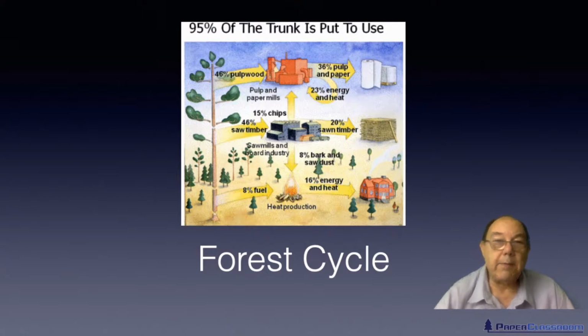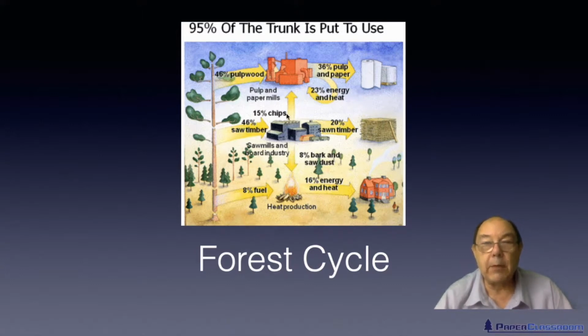And as you can see from here, the material that goes to the sawmills, they will generate material that will then also go to the paper mill. Either something like sawdust that can go to the mill for biofuel to be burned, or small offcuts and wood chips that could be processed and turned into paper.